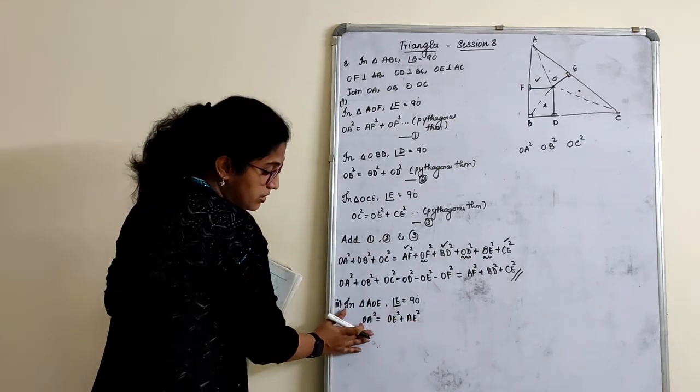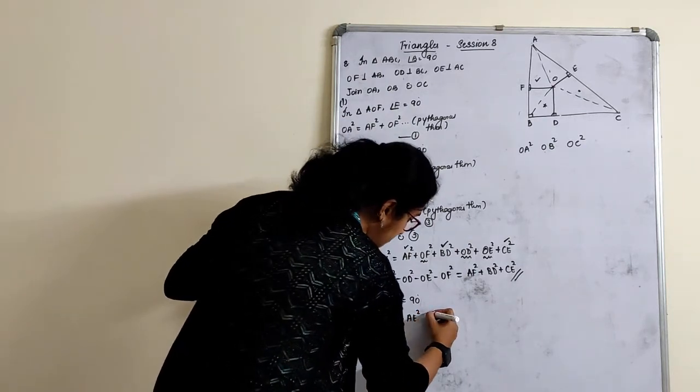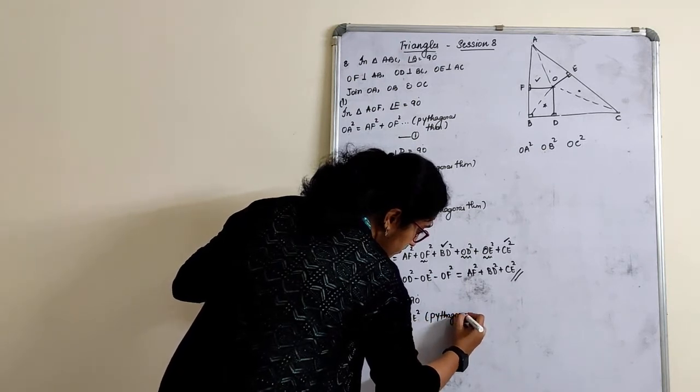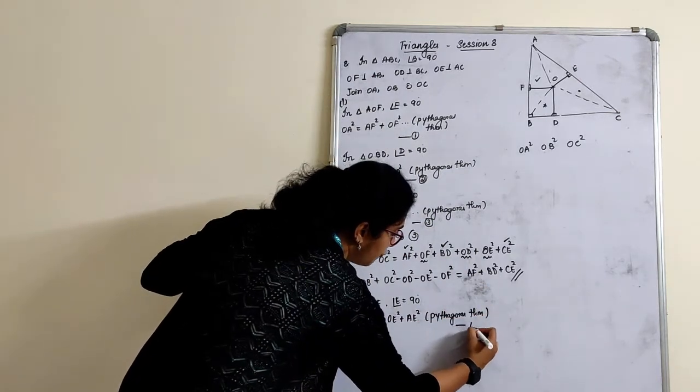Now I want this statement to be written in the another way form. So I will write here Pythagoras theorem. So this is equation 4.